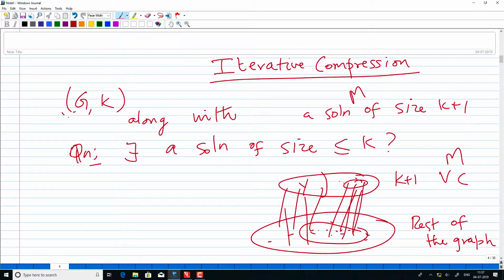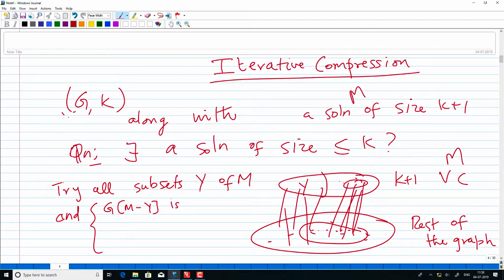So, how much time does the whole thing take? 2 power k plus 1, because it is the number of subsets of M. So, simply try all subsets Y of M such that G of M minus Y is independent, and pick the neighbors of M minus Y intersection V minus M in the solution.